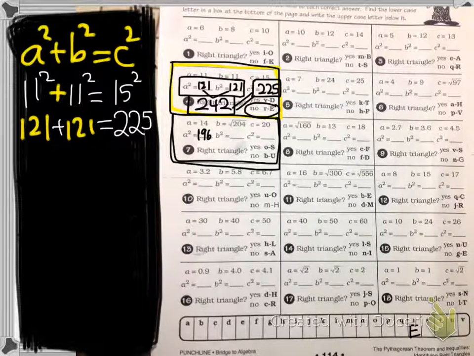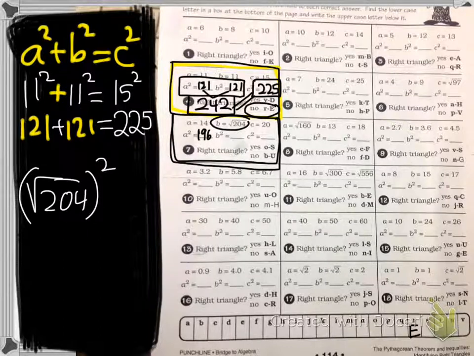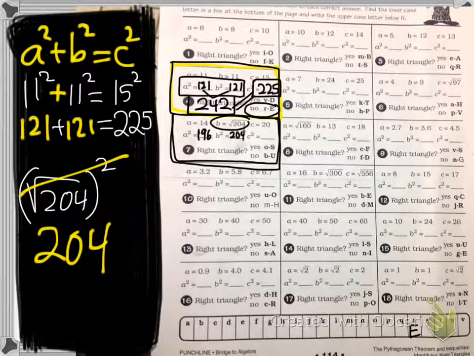Ooh, this is a weird one. So the square root of 204 squared. Now that's weird. So basically, because you have a square root and a squared, they just cancel, and that makes 204. Weird. Try your calculator if you're not sure. But the square root of 204 squared is just 204.